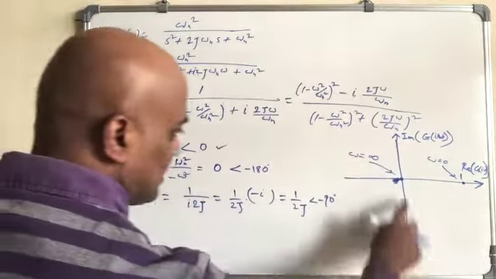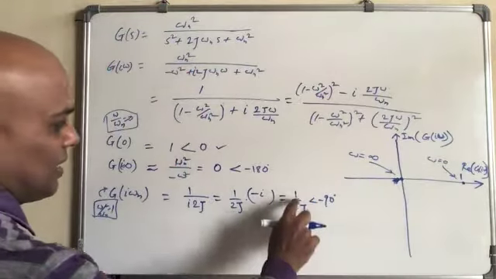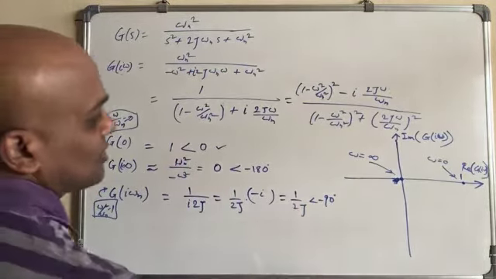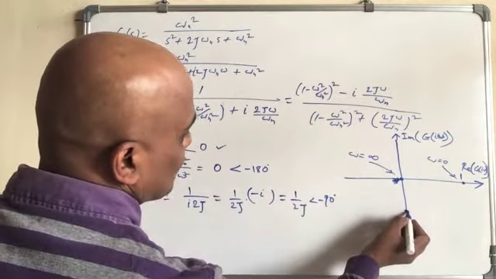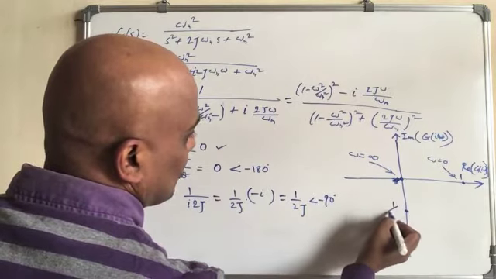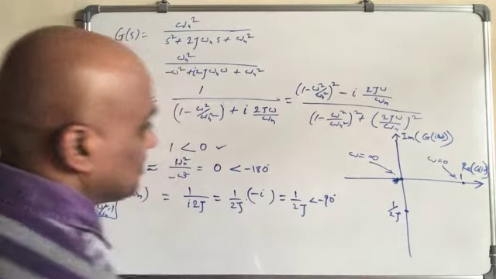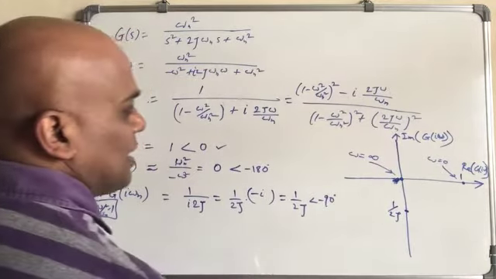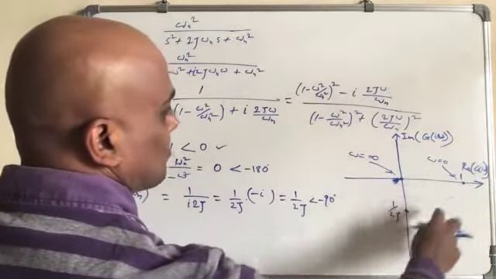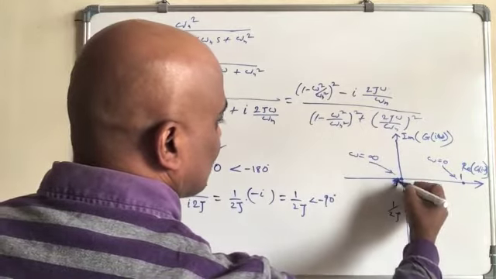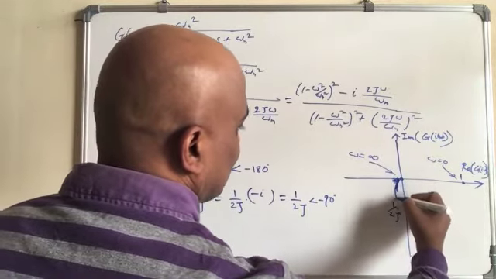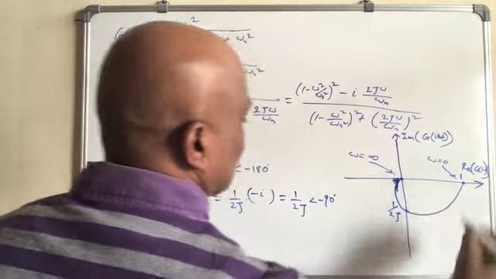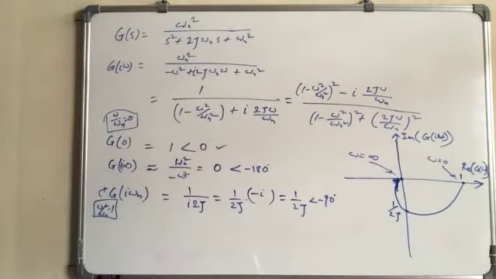So this is minus 90 degree, and we have to plot 1 over 2 zeta, wherever it comes. So this is 1 over 2 zeta. Now you can think that this will be something like this, right? This is how the plot will be.